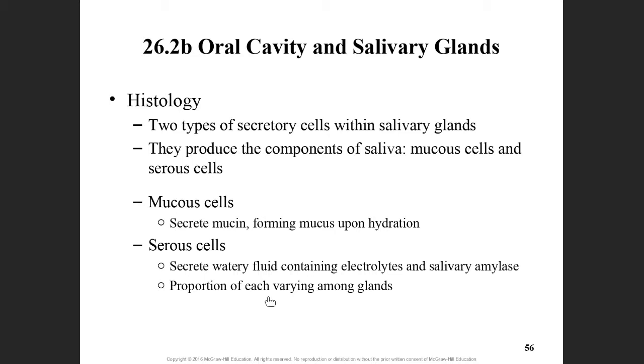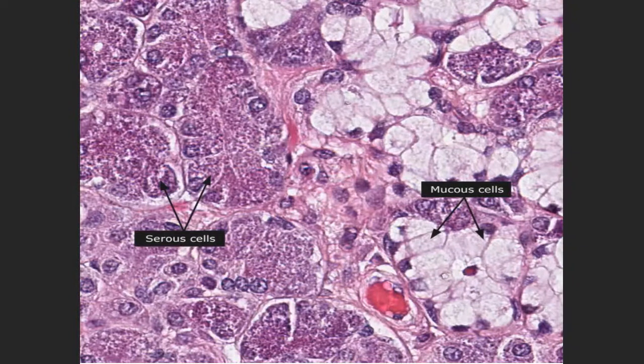In the submandibular, sublingual, and parotid salivary glands, we have different numbers of mucous cells and serous cells. But before I start talking about them, look at the mucous and serous cells here. These cells, which you can see in whitish color, are mucous, and the cells which are reddish or pinkish are serous cells. So these are serous, and this is the mucous.